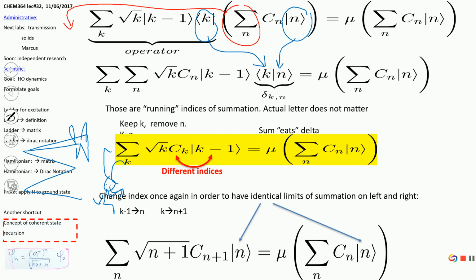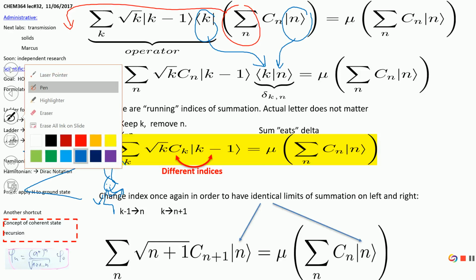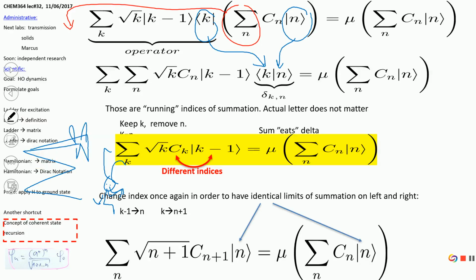So under this condition, the two series will be equal element by element. This one must be equal to this one, because the rest is identical.